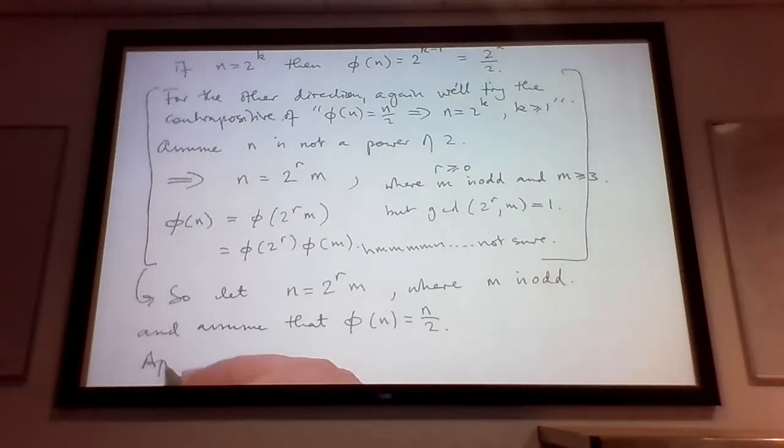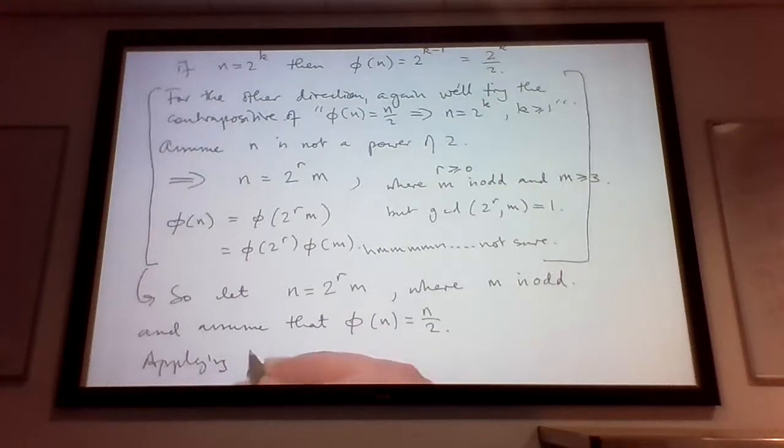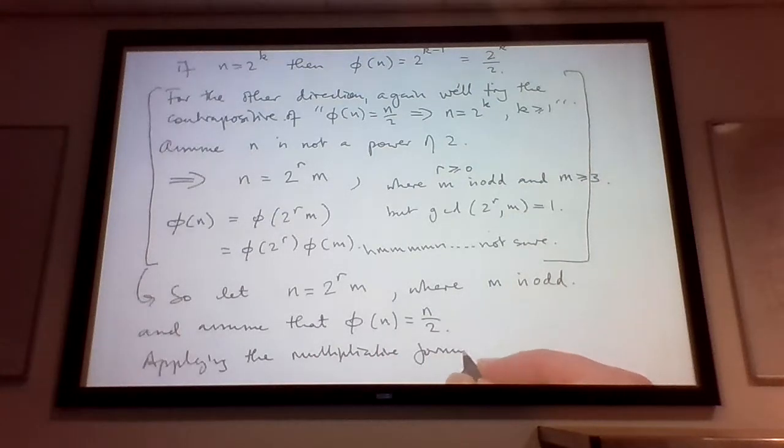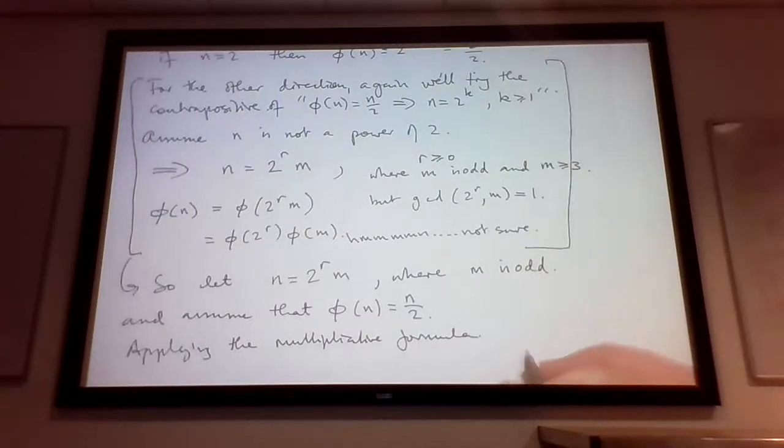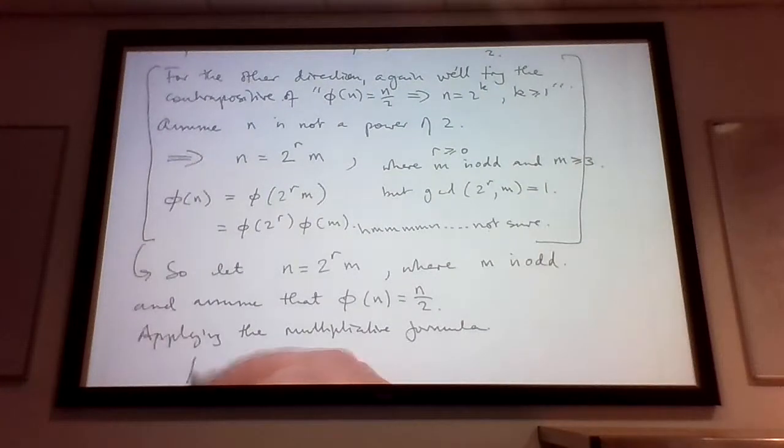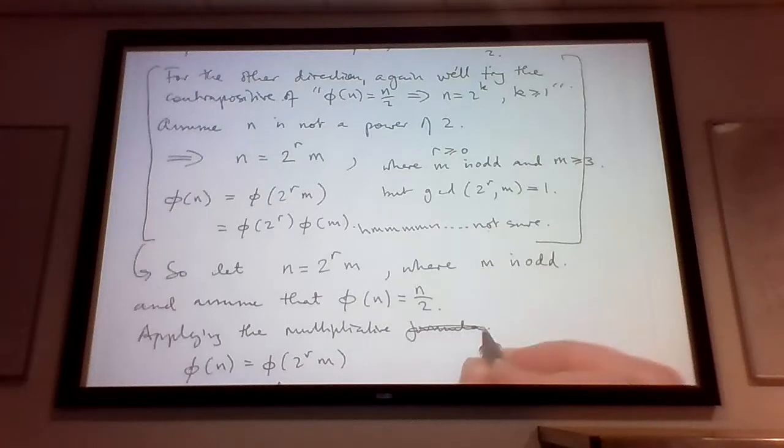Applying the multiplicative formula says that phi of n is phi of this 2 to the r times m, by the multiplicative property. This is phi of 2 to the r times phi of m.